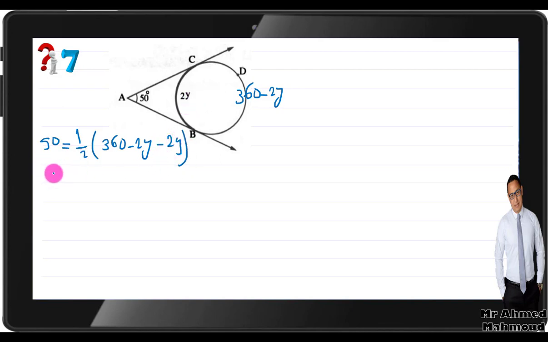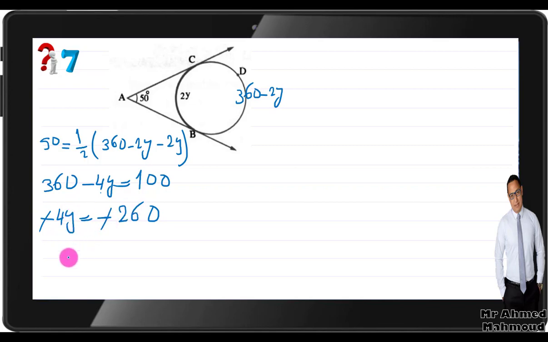I'm going to send half divided, so 360 minus 2y minus 2y, which is 360 minus 4y, equals 50 divided by half equals 100. Now I'm going to send 360 minus, so negative 4y equals 100 minus 360 equals negative 260. Cancel the negative and divide by 4, so y equals 260 divided by 4 equals 65 degrees.